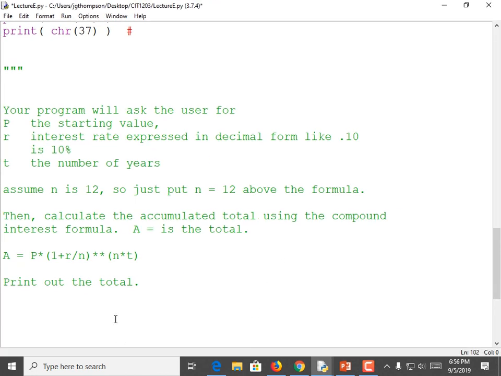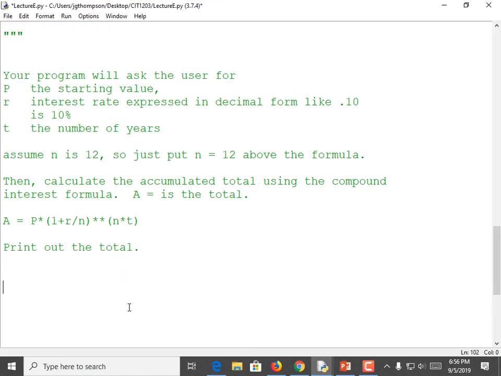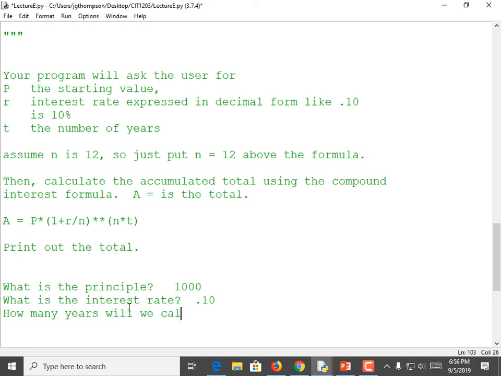All right, okay, so the program ought to look something like this. What is the principal? I don't remember. You type in $1,000. What is the interest rate? You type in 0.10. How many years will we calculate? 10.